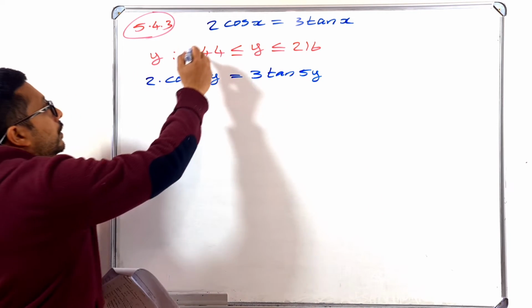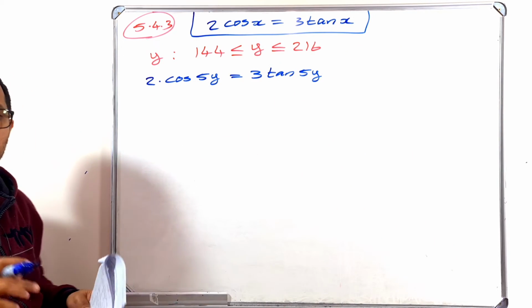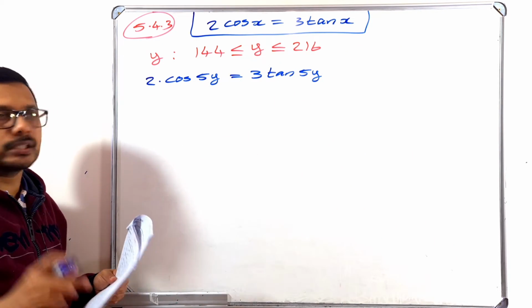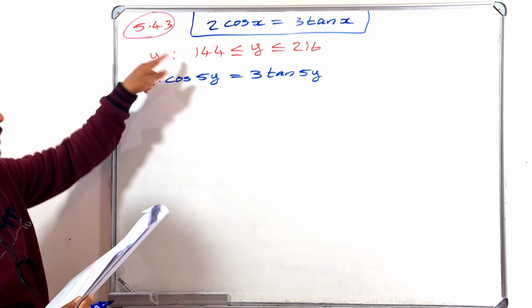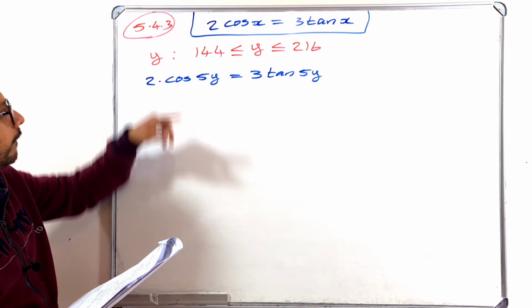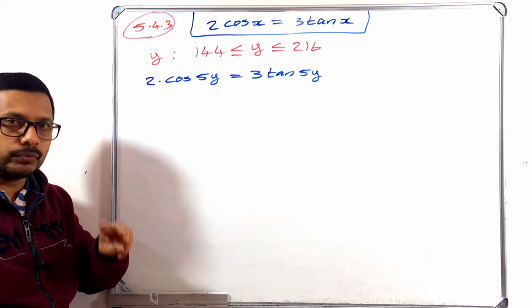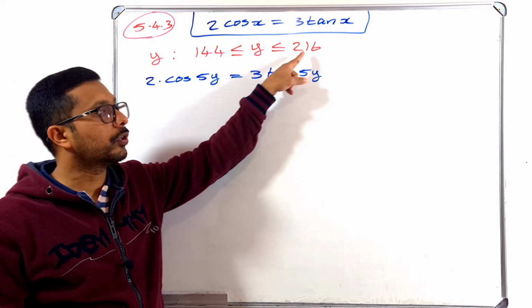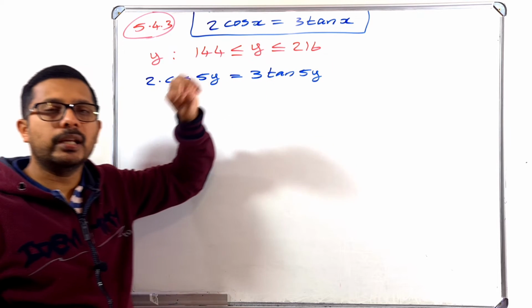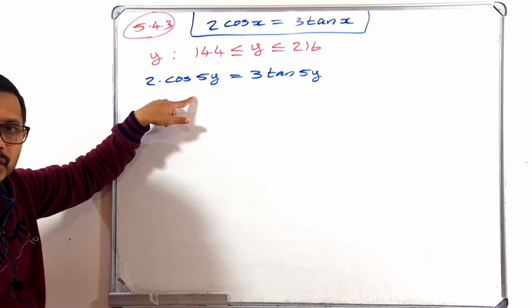This is not a part of this question. This is the given at the beginning: it is given that 2 cos x is equal to 3 tan x. Now this one is 5.4.3. So listen once more. You have to find two values for y, and y must be between 144 and 216, and they are a solution of this new equation.